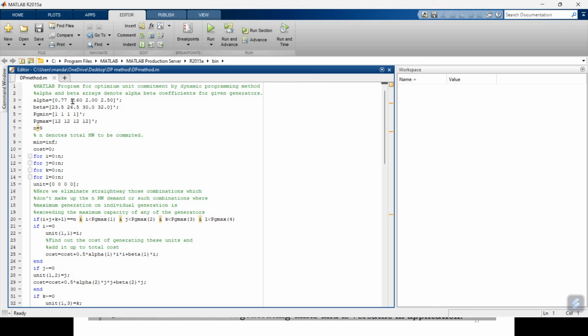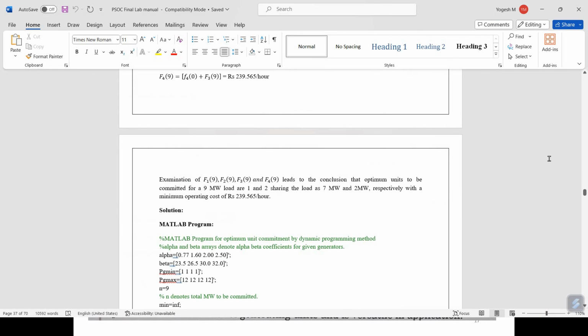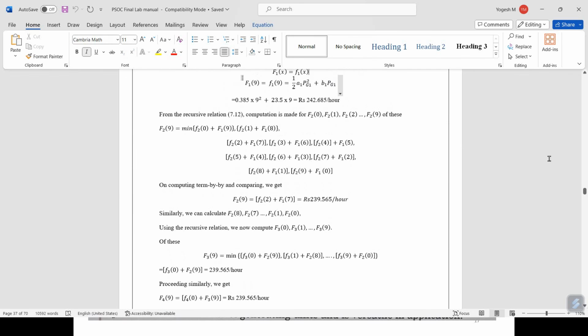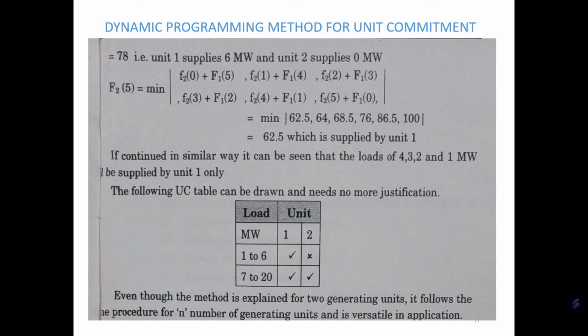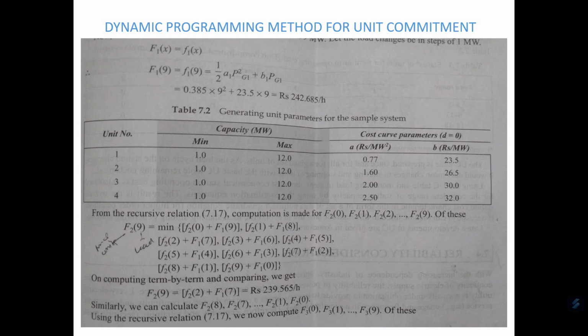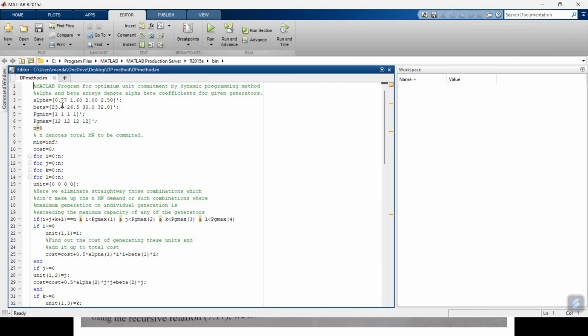Here the constant alpha values are given in the numerical. These are the values 0, 0.77, 23.1, 0.602, 2.5 for the A and B parameters. In the program, alpha means the A parameter and beta means the B parameter.